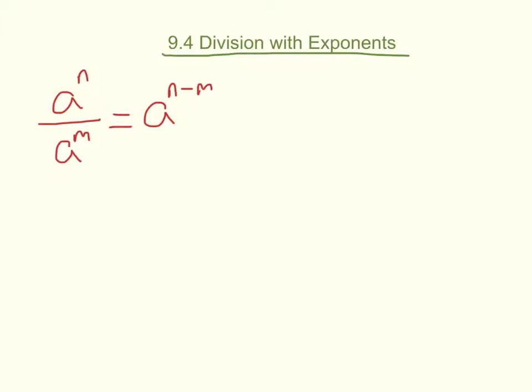So why don't you try one with some negative exponents here. Let's do x to the negative 5th divided by x to the 10th. Okay? Stop the video, follow the procedure, go back if you have to, but write down what you think the answer is going to be. Okay.